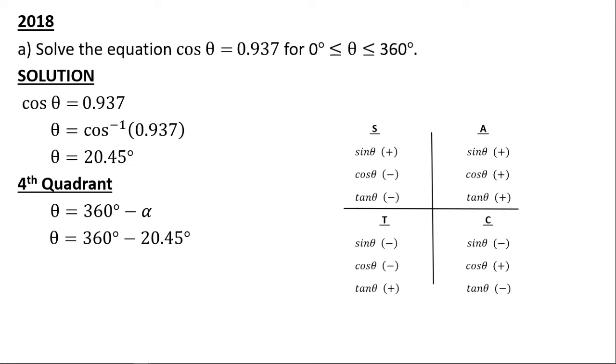So theta will be equal to 360 degrees minus 20.45 degrees. Our theta will be equal to 339.55 degrees. Therefore, theta equals 20.45 degrees in the first quadrant and theta equals 339.55 degrees in the fourth quadrant.